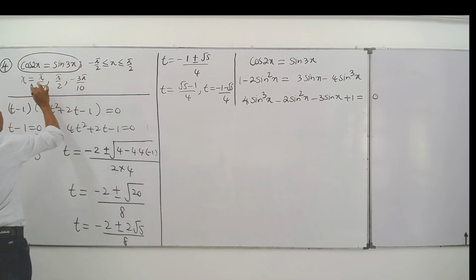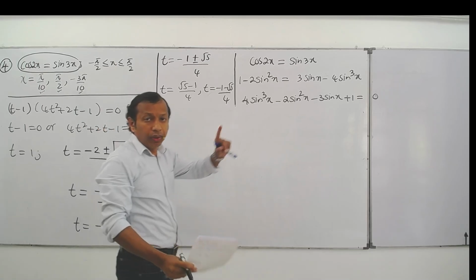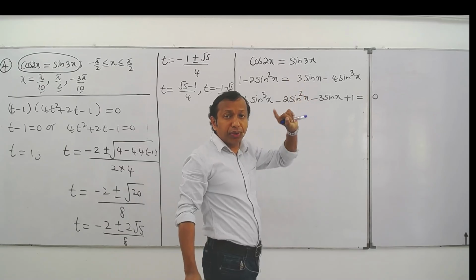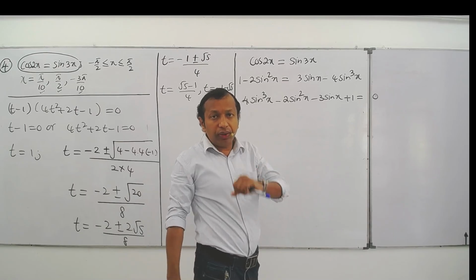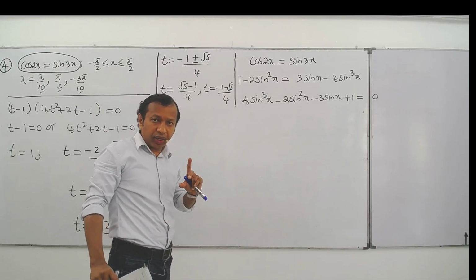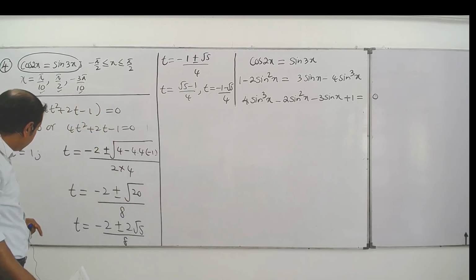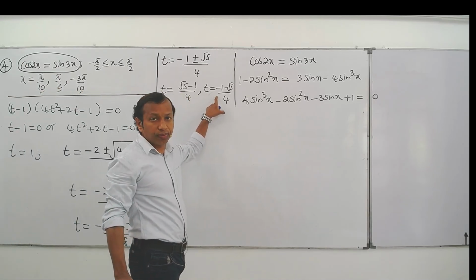First we solved for the angle x, then we got 3 angles, right? The same equation we solved, but not for x, for sin x we solved. Then sin x has 3 answers. The 3 answers are the answers of t. One is 1, other is this, other is this.